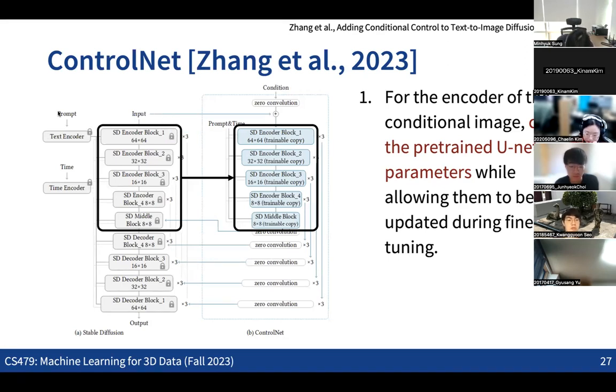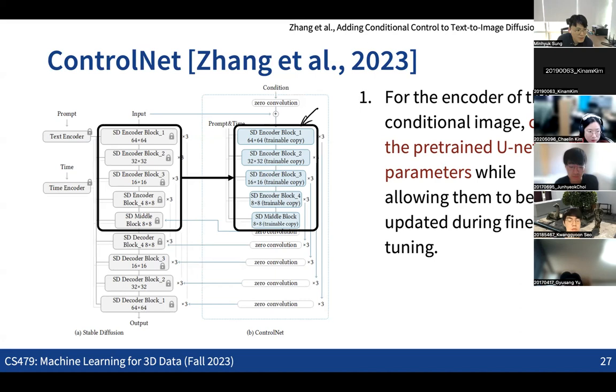So we copy all the parameters of this part to make the encoder of the conditional image, while we also allow all the parameters to be updated over the fine-tuning step. But we start from parameters that are exactly the same as the original network.